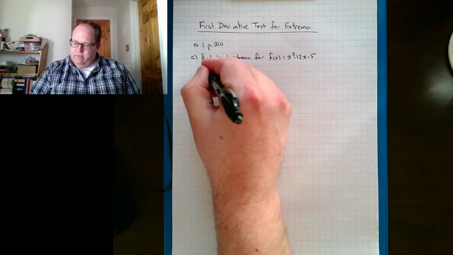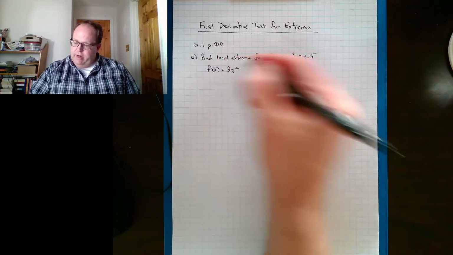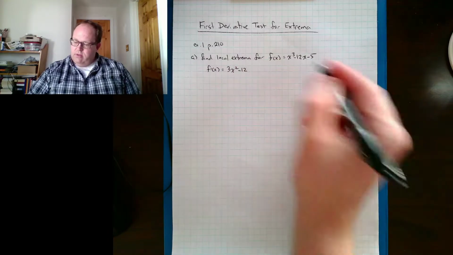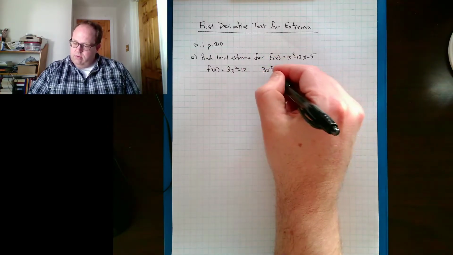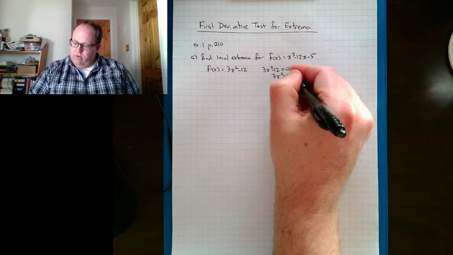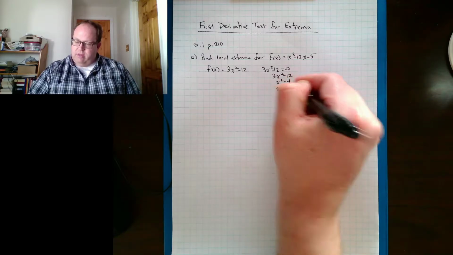So we find our derivative. It's equal to 3x squared minus 12. And that is going to equal 0 when 3x squared equals 12, when x squared equals 4, or when x equals plus or minus 2.